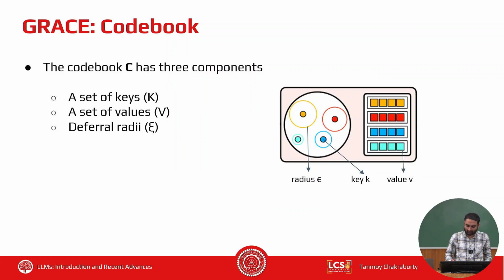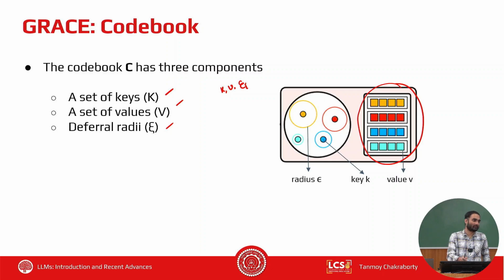So, as I mentioned, let's say this is my code base. Here all the knowledge is stored. Every knowledge has a key, a value and a radius. Okay, small k, small v, and radius epsilon.